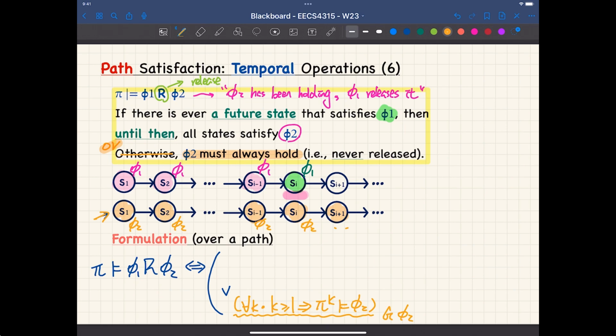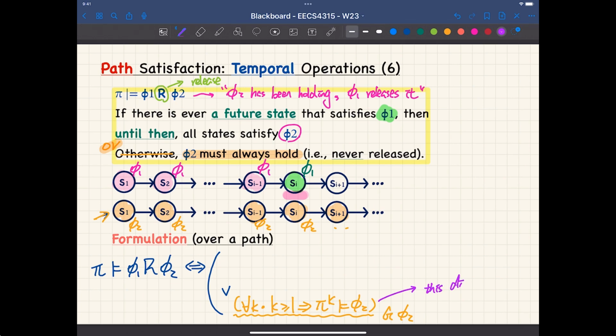But one thing to note, in order to satisfy this, can it be okay? Let's say I have phi 2 all the way true, but I also got phi 1 true at some point. As far as making this true is concerned, it's okay to have phi 1. It's not relevant to this one here. It only requires phi 2 to be true always. But can phi 1 also be true? Yes, indeed.